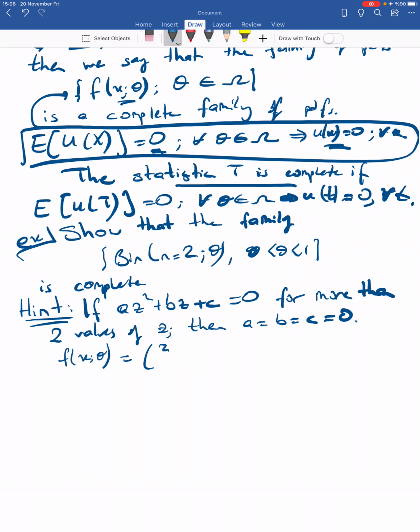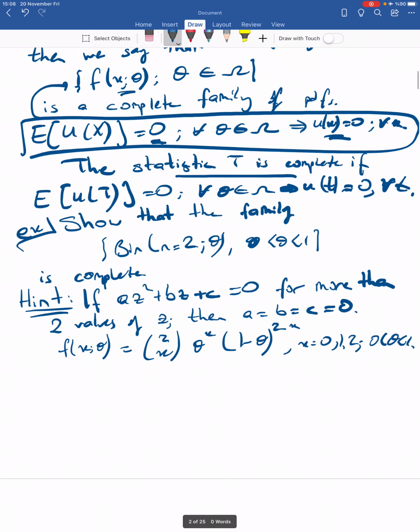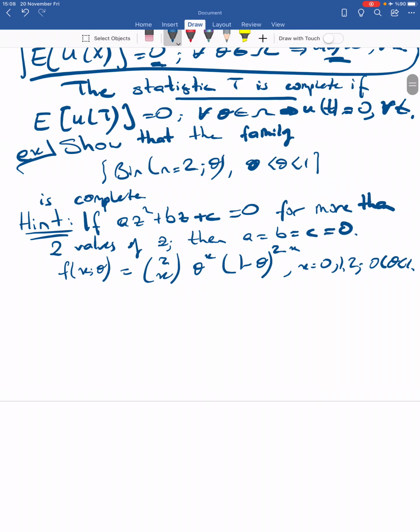So n is 2: (2 choose x) theta to the x, (1 minus theta) to the 2 minus x. X just takes values 0, 1, and 2. Theta is between 0 and 1. So what is our starting point to show that this family of PMFs is complete?